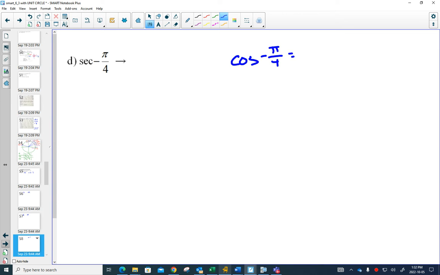But since I know that cos of my negative pi over 4 is root 2 over 2, and I know that negative pi over 4 is in quadrant 4, I can say that secant then is the flip of the answer, 2 over root 2.